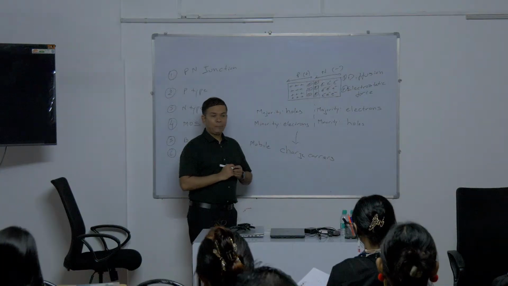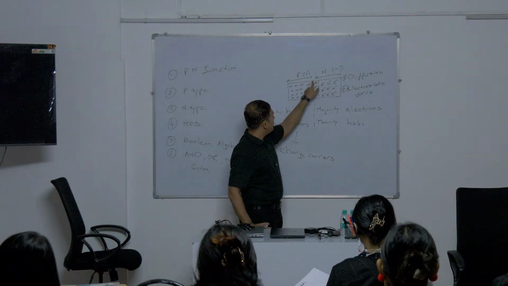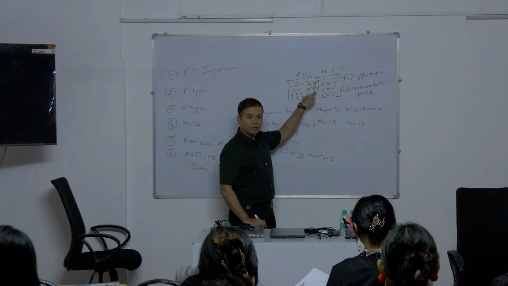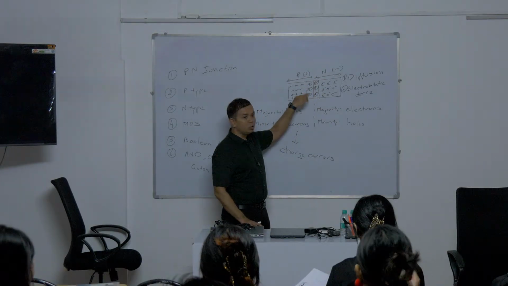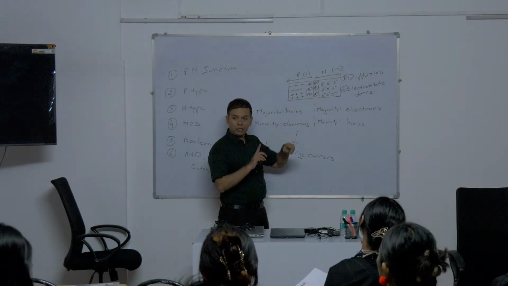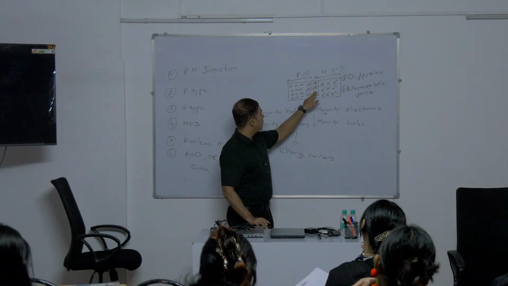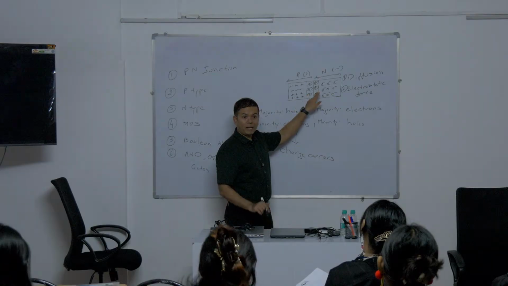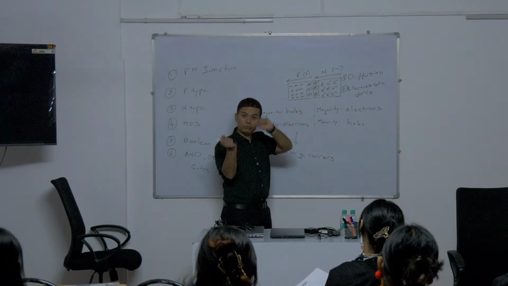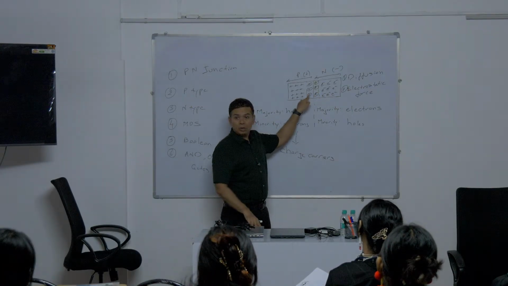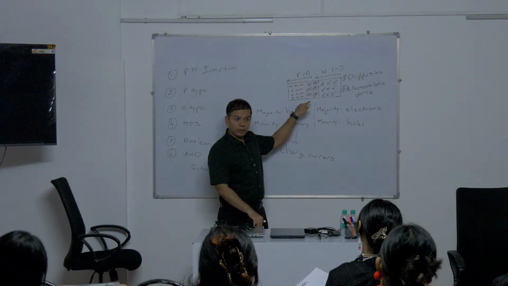Initially, till here, all the electrons will be there, and on this side, all holes will be there. But then ultimately, because of the diffusion, the electron, because it is a pentavalent impurity, will go and fill the space in the trivalent impurity, right?